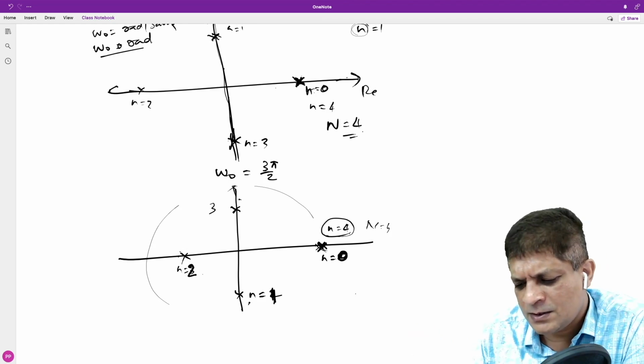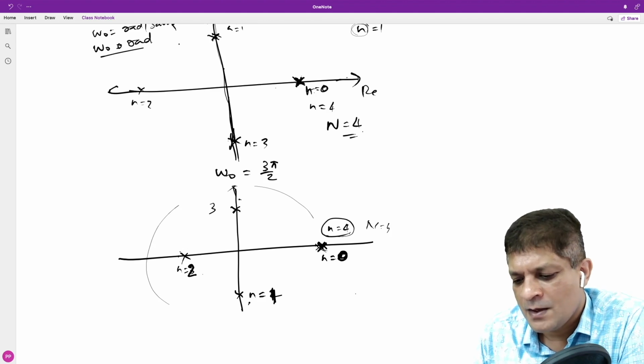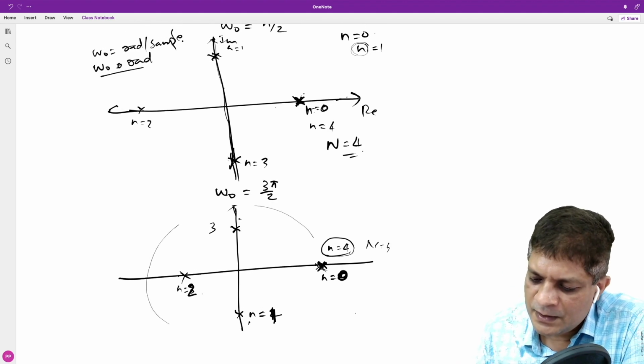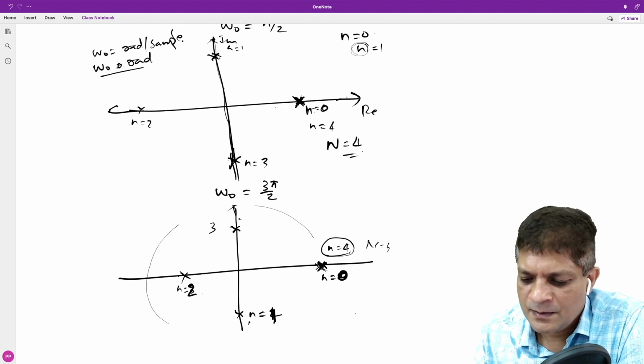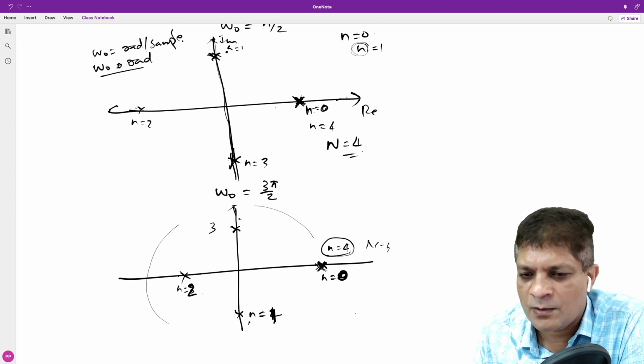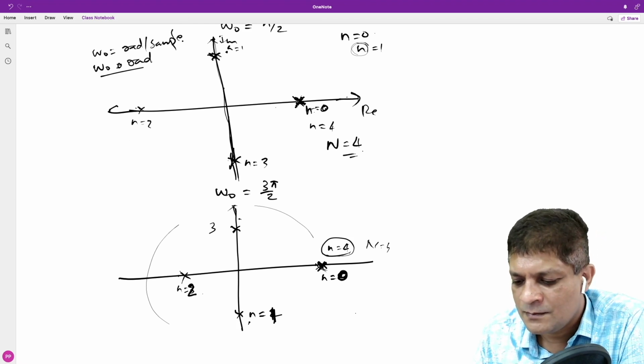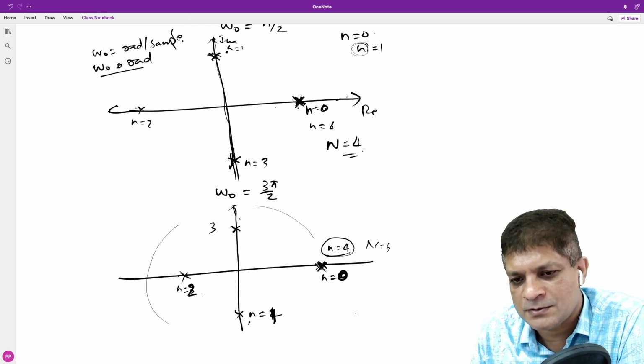How many rotations are there in one period here? In this example, we are starting from here, this is 0, 1, 2, 3, 4. So after one rotation of the phasor, it is back to this point, isn't it?